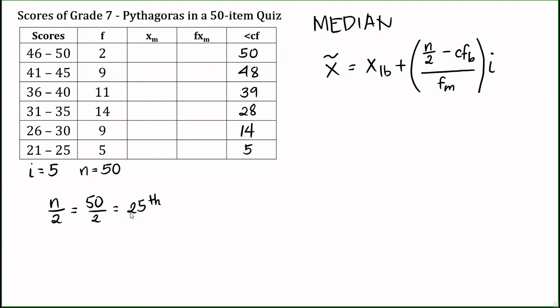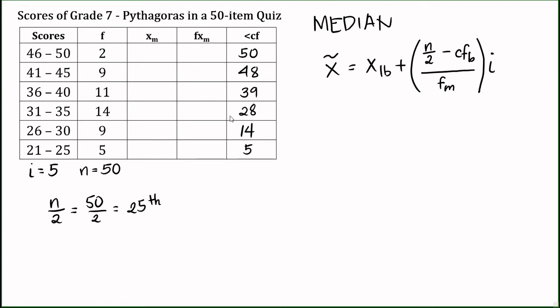Nasaan po siya nabibilang na class? Okay? So, dun po kayo titingin sa may 5th column, which is the less than cumulative frequency. Hahanapin nyo po kung ano yung pinakamaliit na value na mas mataas sa 25. Ibig sabihin, nandun po yung 25th score. Okay? Yung gitna.